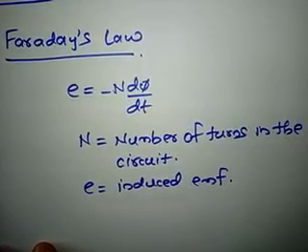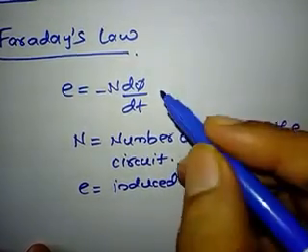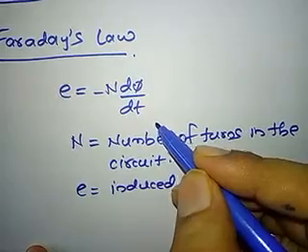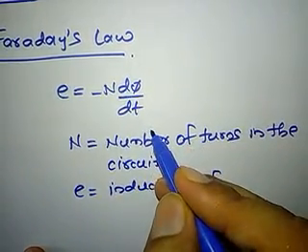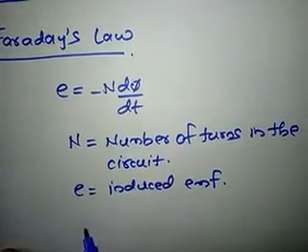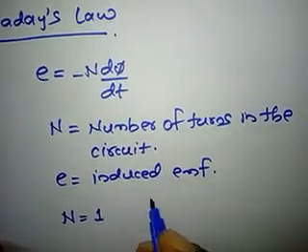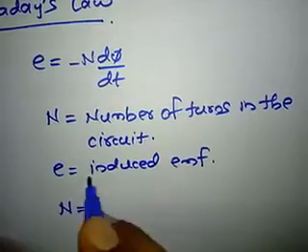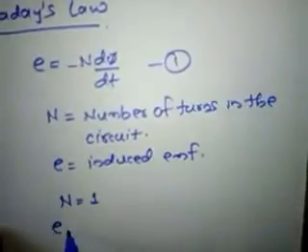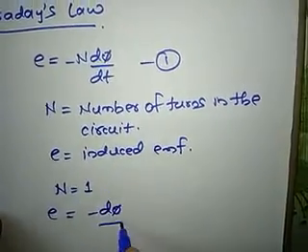So the induced EMF is given by the rate of change of flux with respect to time. That is, E is equal to minus N into d phi by dt. If the number of turns is 1, that is, for a single turn of the conductor or of the closed circuit, then we can write this equation as E is equal to minus d phi by dt.